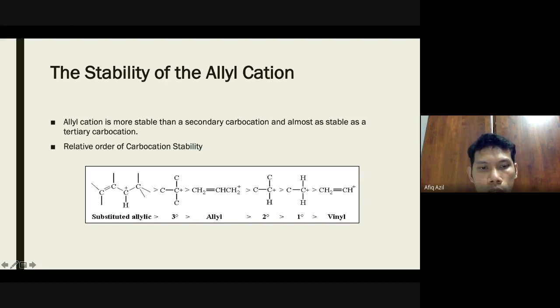So a substituted allylic will be more stable compared to a tertiary than only your allyl carbocation, and then you have your secondary carbocation, primary, and the least stable will be a vinylic carbocation.